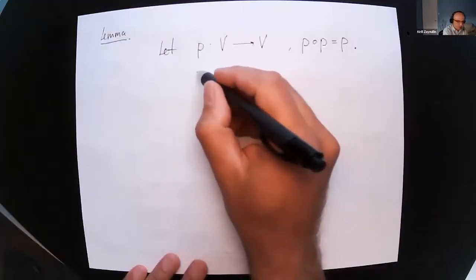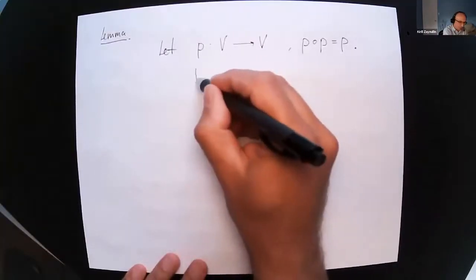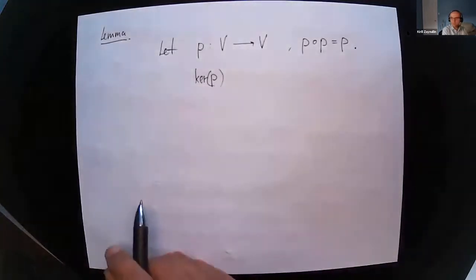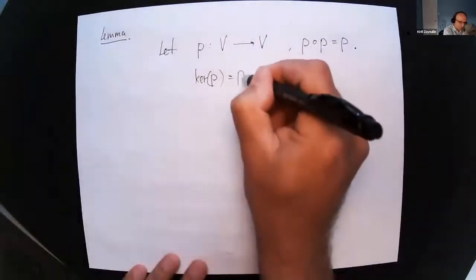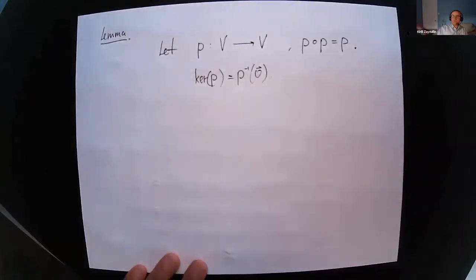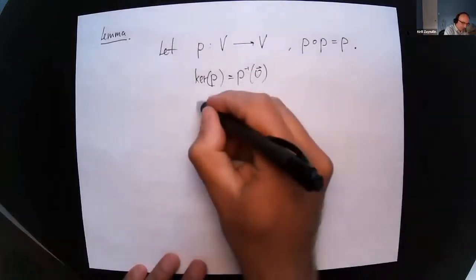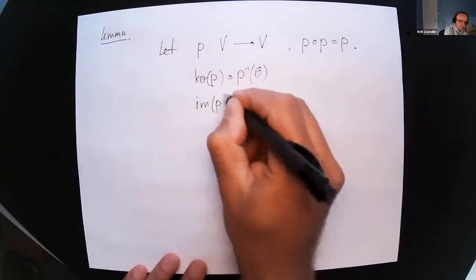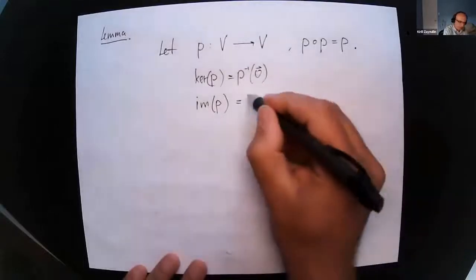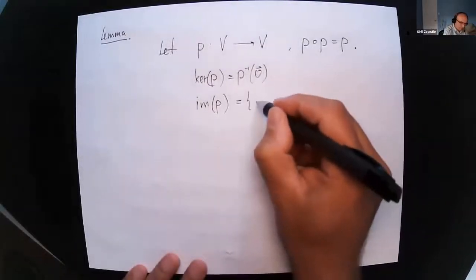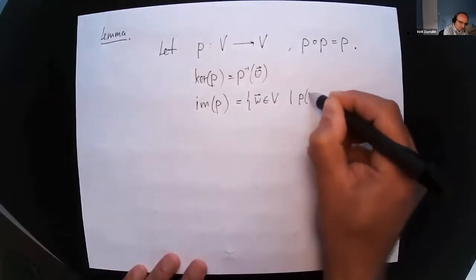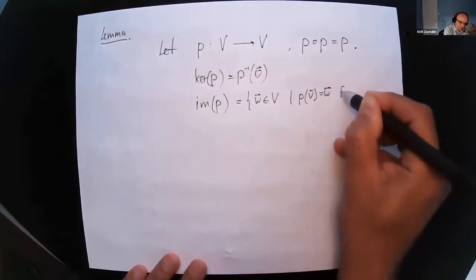One can look at the kernel of this linear transformation. I hope everyone remembers what the kernel is. Let me just remind you, that's just the preimage of zero. So it's all those vectors that go to zero. At the same time, one can look also at the image of this linear transformation. It just consists of all vectors W from V such that P of v is W for some v.